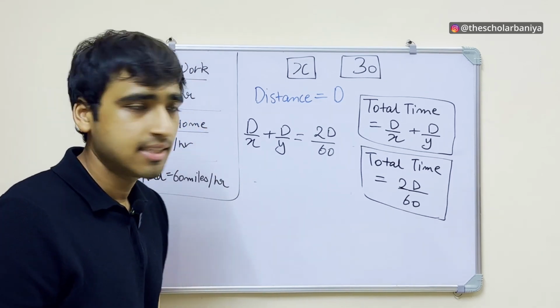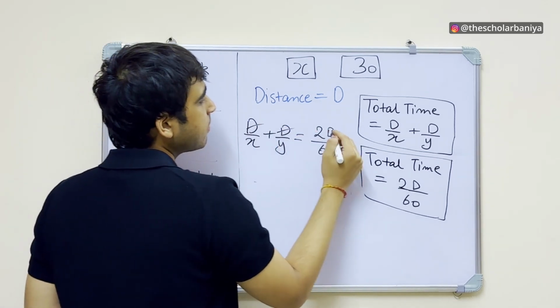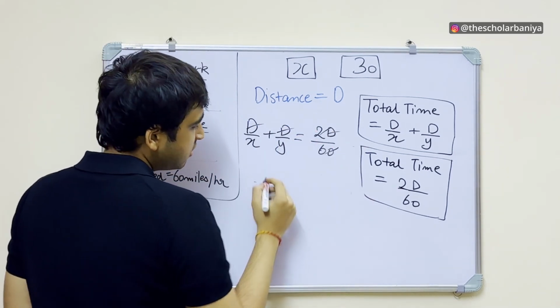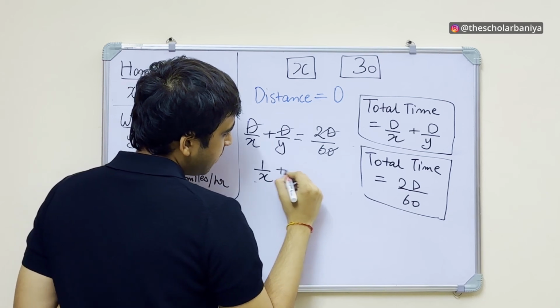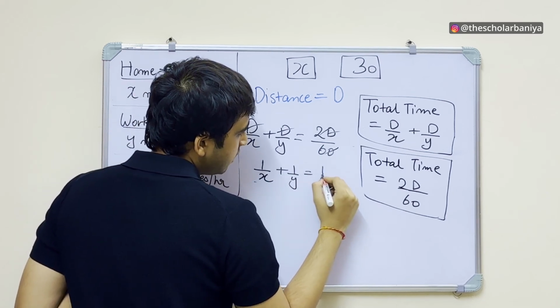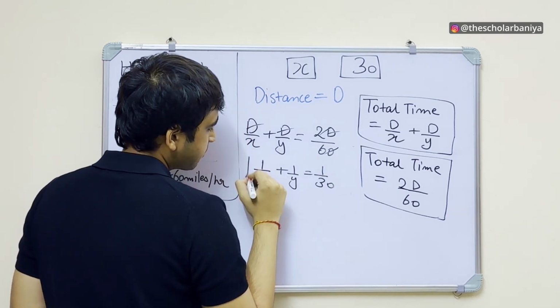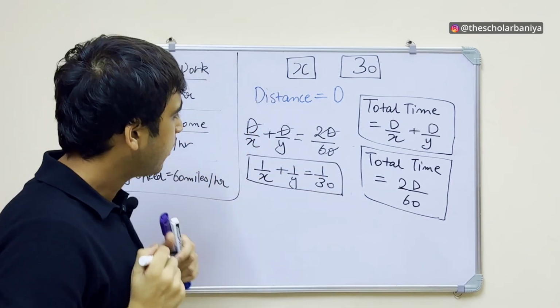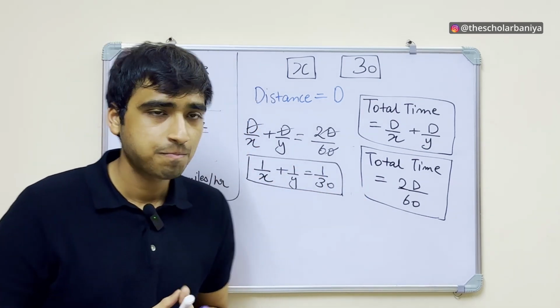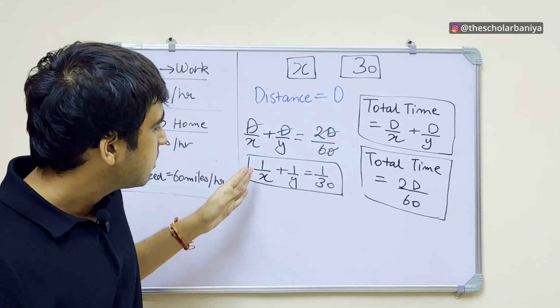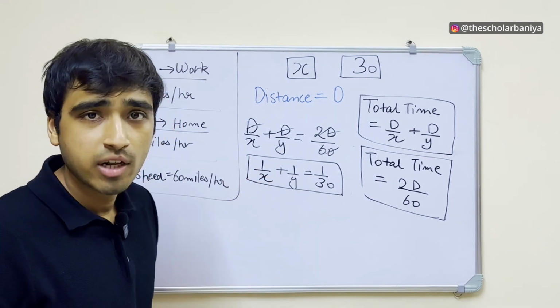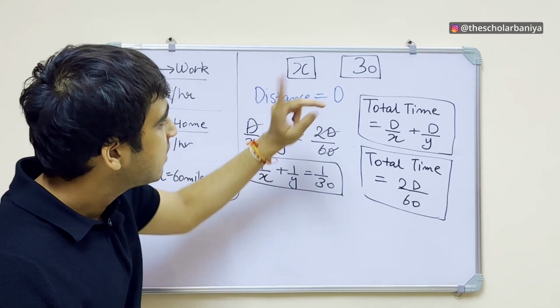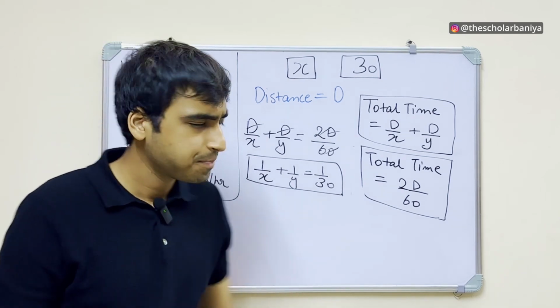We can cancel D, so this becomes 1 upon X plus 1 upon Y is equal to 1 upon 30. And we have to find the relationship between X and 30.